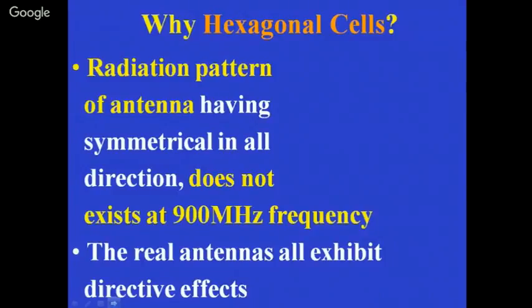If you go to FM, that is line of sight communication. So at 900 megahertz, the radiation pattern of the antenna will remain circular in nature, as in the case of audio, that was maximum 30 megahertz.